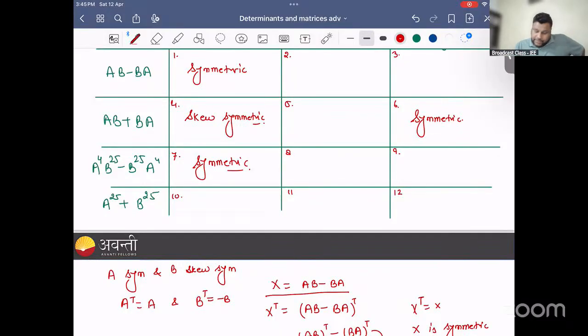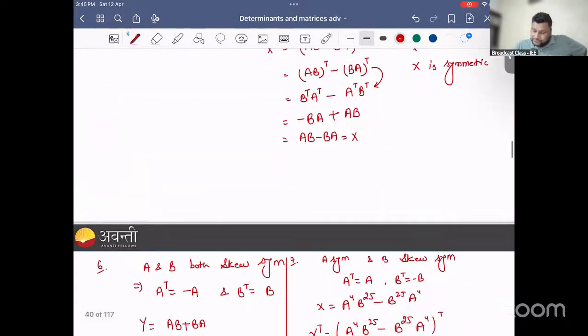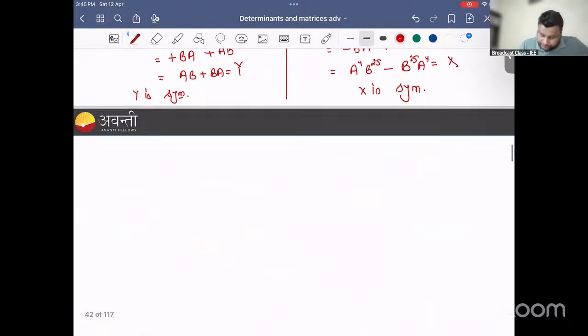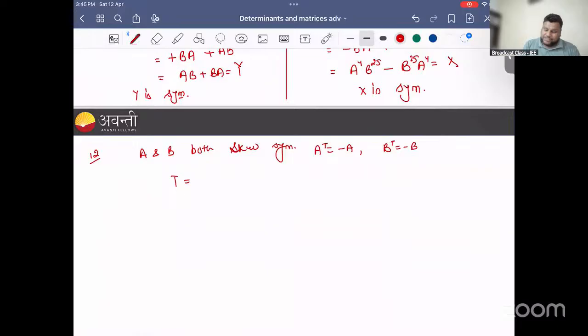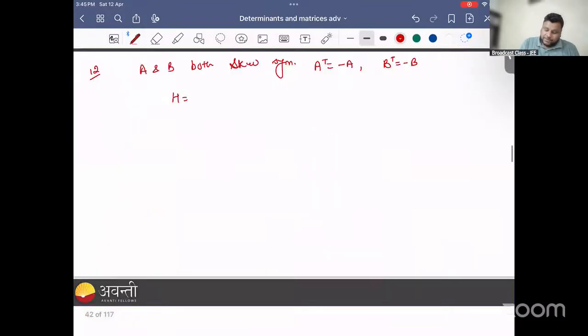Now I'll do 12th. 12th is very easy as such. A and B both skew symmetric. That means A transpose is minus A, B transpose is minus B. Now see, there is a matrix H as A^25 plus B^25. So H transpose is what?